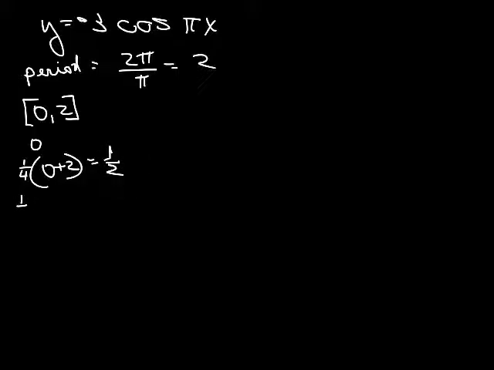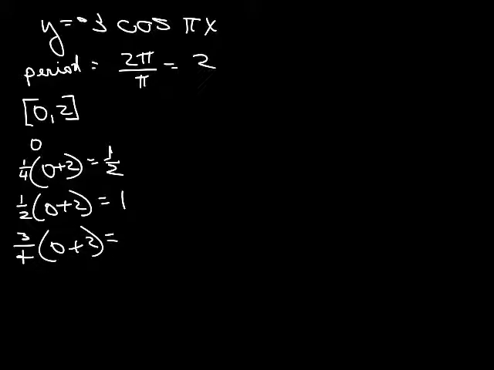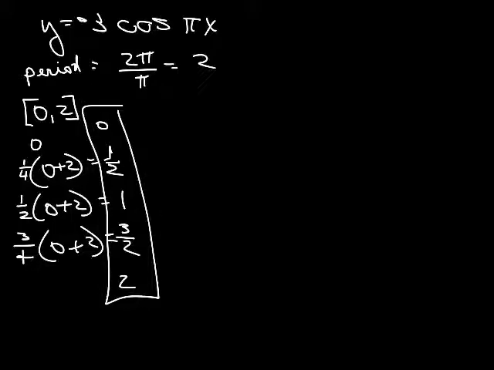And the next one, and the next one. And then my last one is 2. So I've got 0, 1/2, 1, 3/2, and 2. So those are my x's.